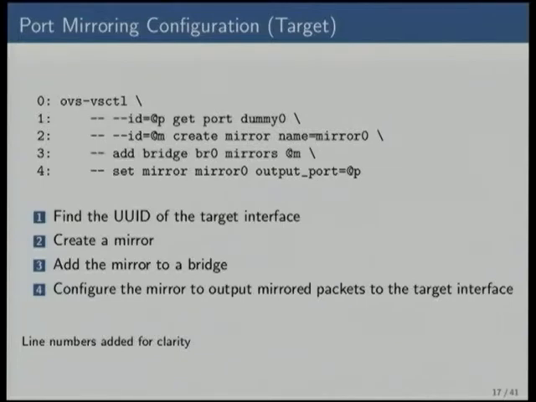Still not really doing anything, but we're building up the configuration. And now lastly, we say any traffic that this mirror is configured to mirror will be output to port P, which is the dummy interface, which we looked up a little bit earlier. So we've created a mirror, we've attached it to the bridge, and we've said its output will be on our dummy interface.